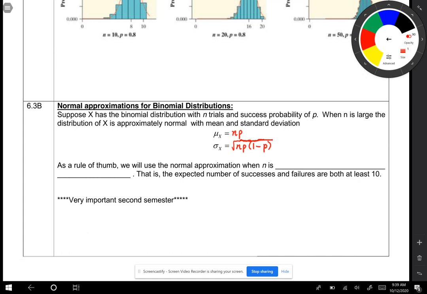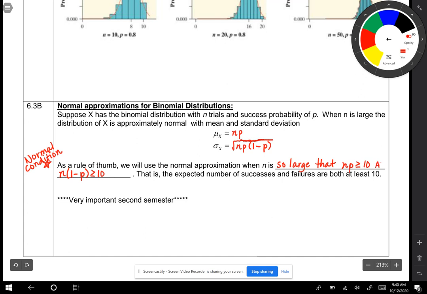As a rule of thumb, we will use the normal approximation when n is so large that, this is the normal condition, n times the probability of success is greater than or equal to 10, and n times the probability of failure is also greater than or equal to 10.